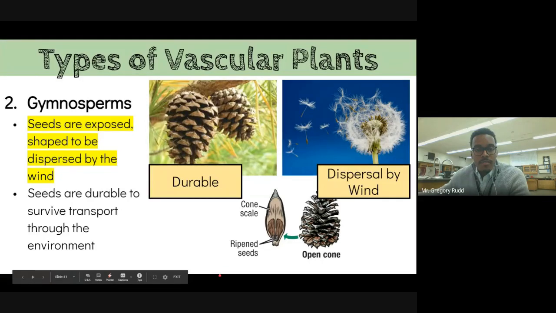So this is how they spread their seeds, essentially. They rely on the wind to carry them. But this also means that their seeds have to be pretty durable so that they can survive the transport process.